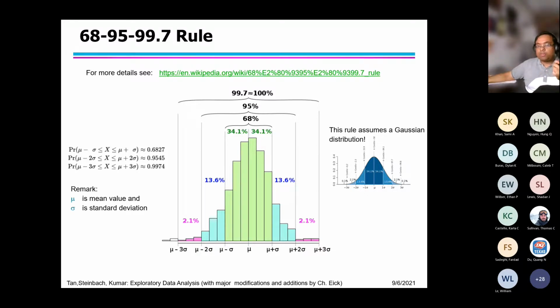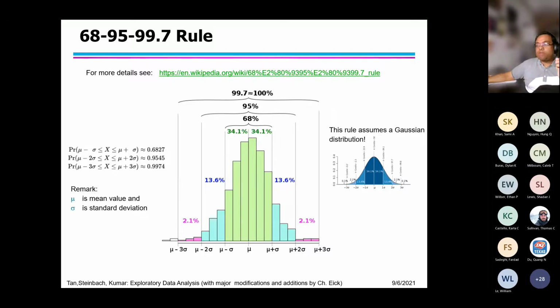But if the process you're sampling is not normal, then your standard deviation rules, where 68% of your data falls within one standard deviation, 95% within two, and 99.7% within three, might not always be true.